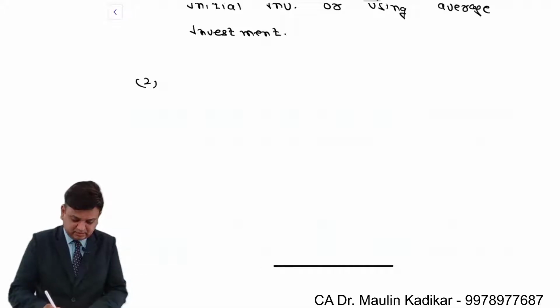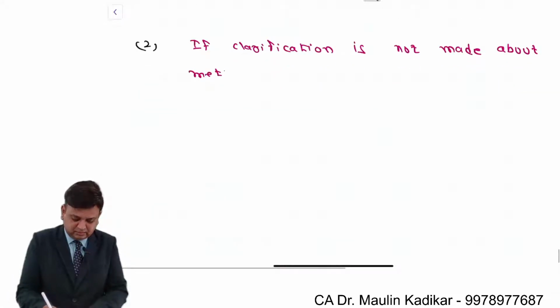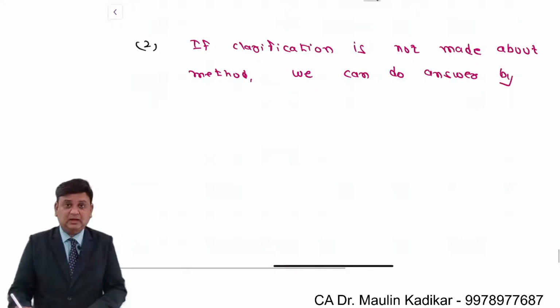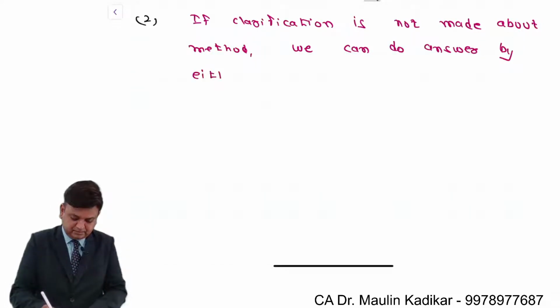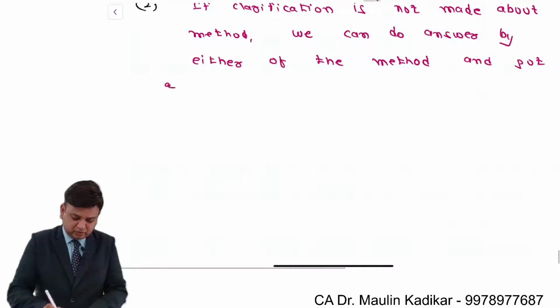Second point, if clarification is not made about method, comma, we can do the answer by either of the methods and put a note for the same.